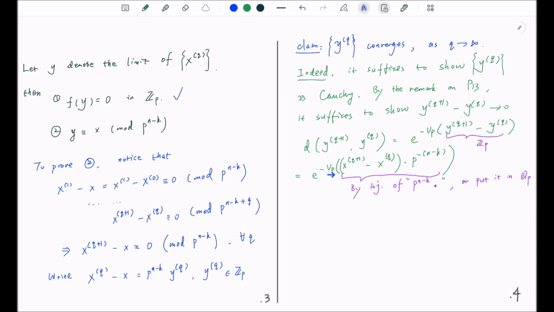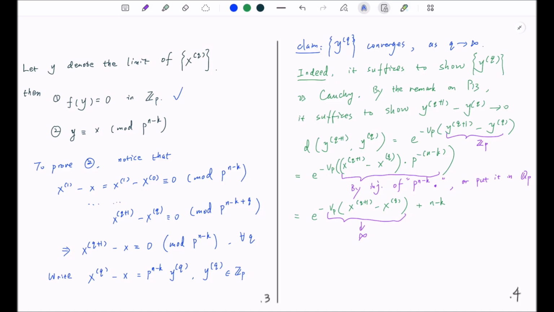Now, what is the p-adic evaluation of this guy? By the product rule, again, this is e to the negative v p of x q plus 1 minus x q, plus n minus k. Now because x q is convergent, is Cauchy, this p-adic valuation will go to infinity.